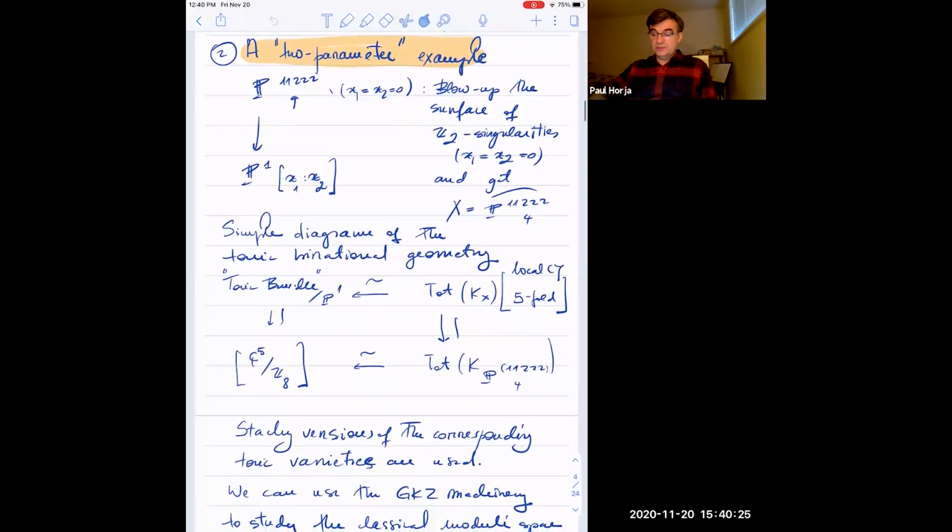So the second example is the famous one, at least in these papers by physicists, where they can actually compute things. It's called a two-parameter example.